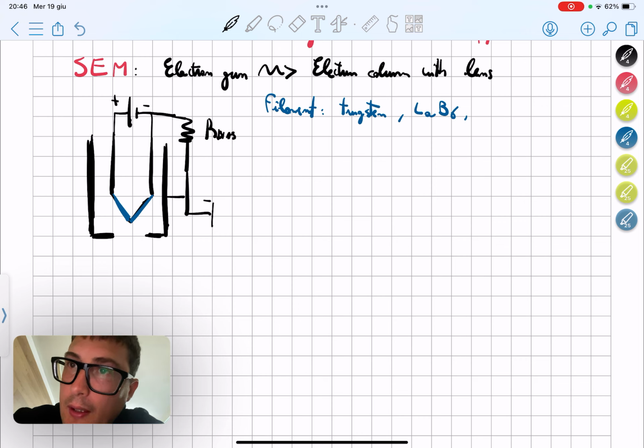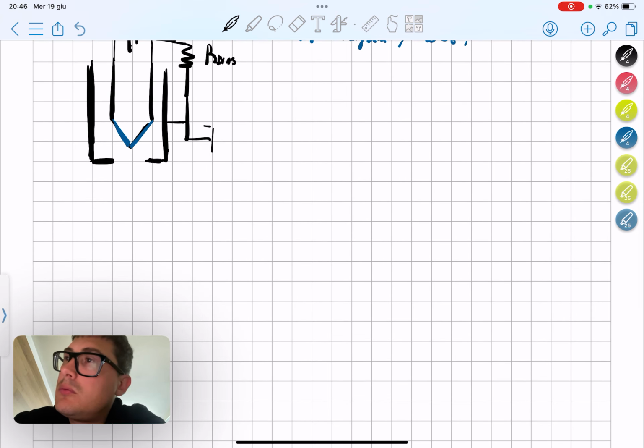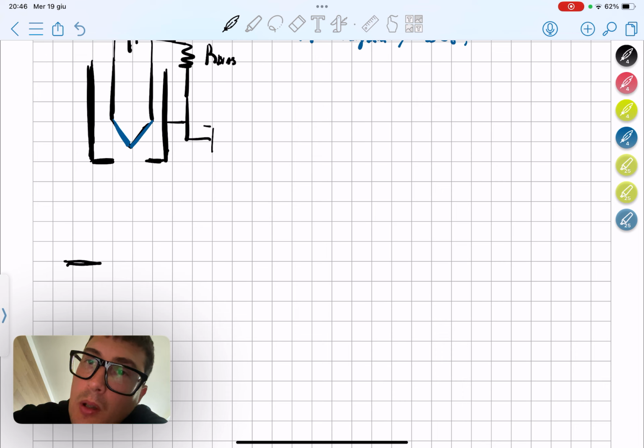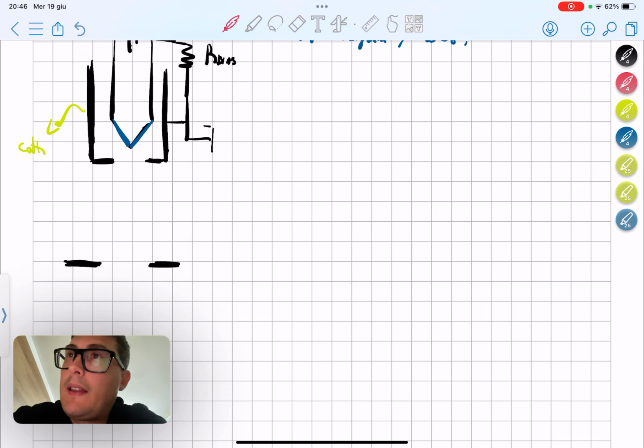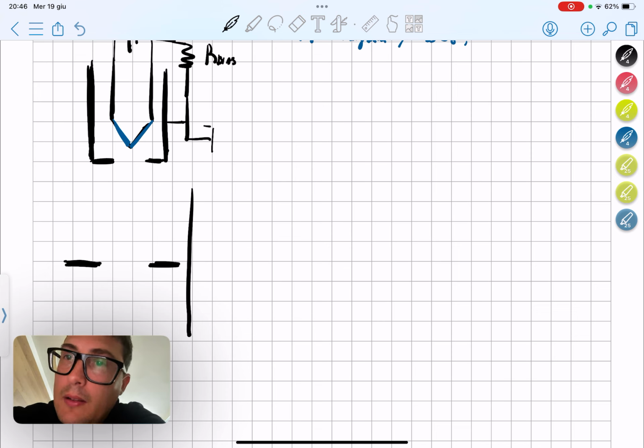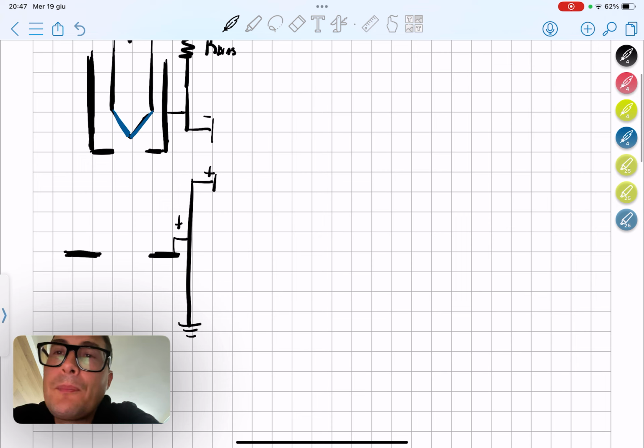This cage is negatively biased, whereas right below, for example here, we have the anodic part. So this is the cathode part, and this one is the positive part, and this is the negative part, so another cathode.